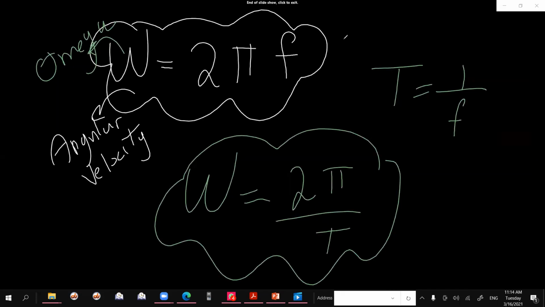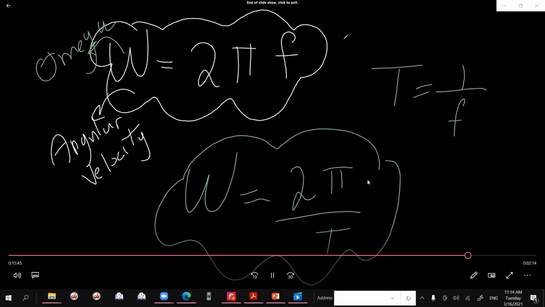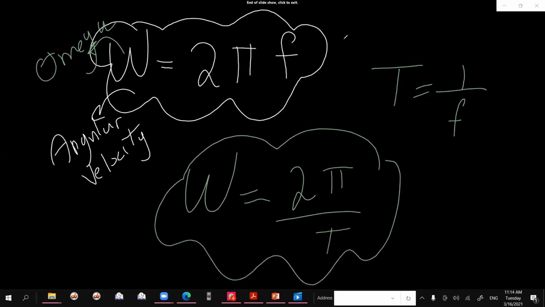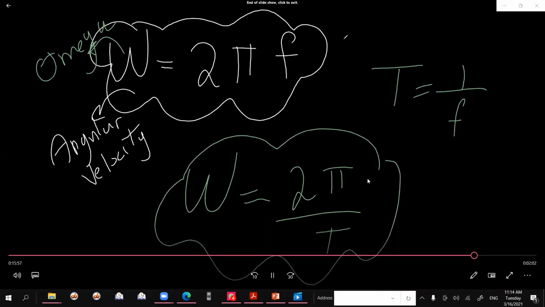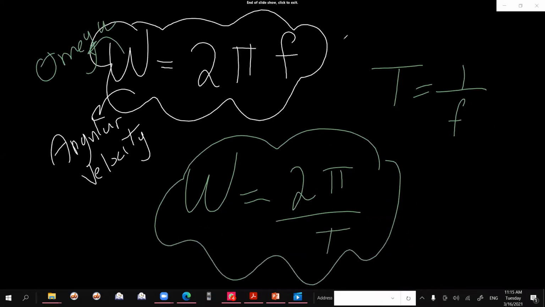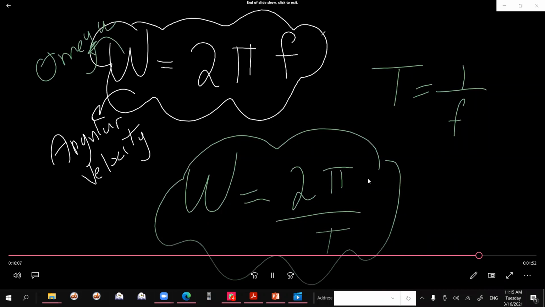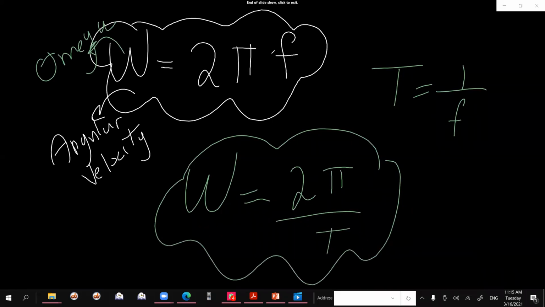Now, so far, for the angular motion, we talked about the angular position, the angular displacement, and the angular velocity, and the other two terms that you need when you talk about rotational motion, which are the period and frequency. Now, since we have an angular velocity, we must have an angular acceleration. So let's talk about the angular acceleration and the linear acceleration.